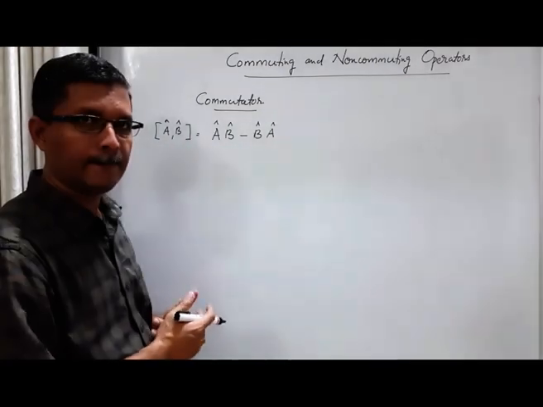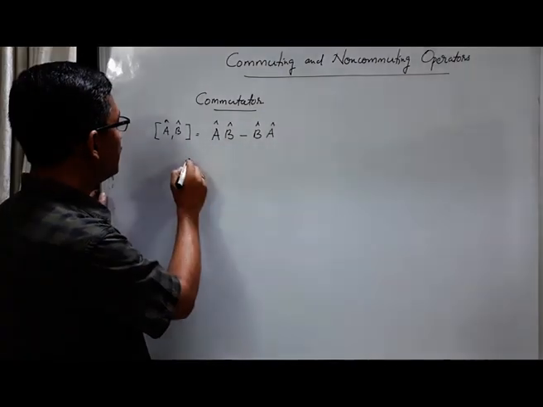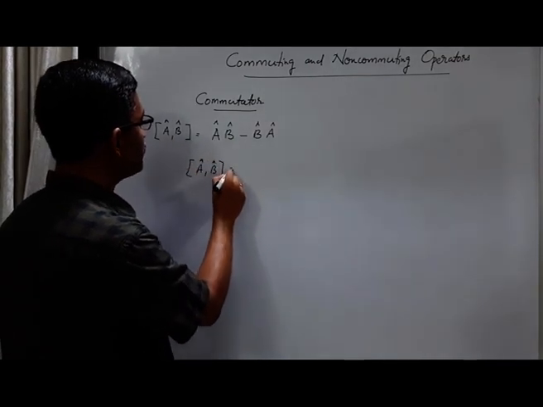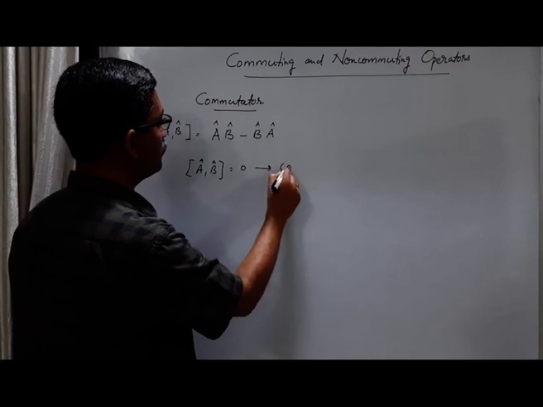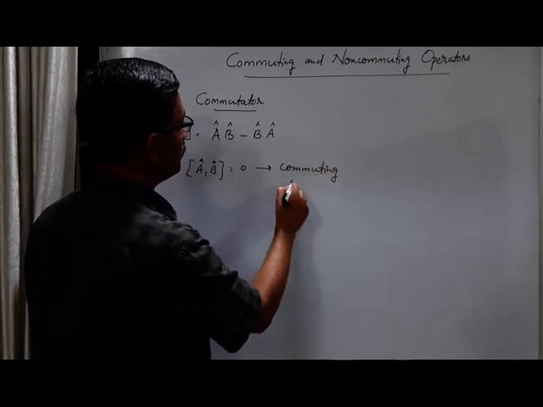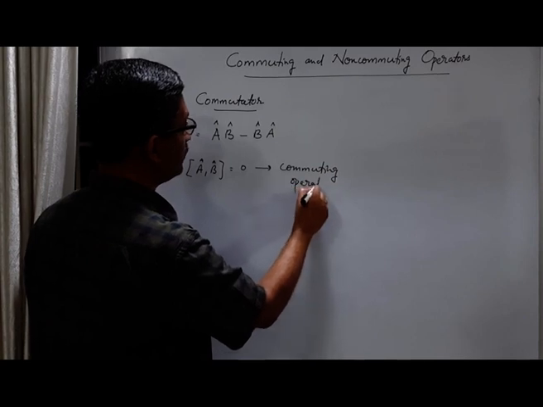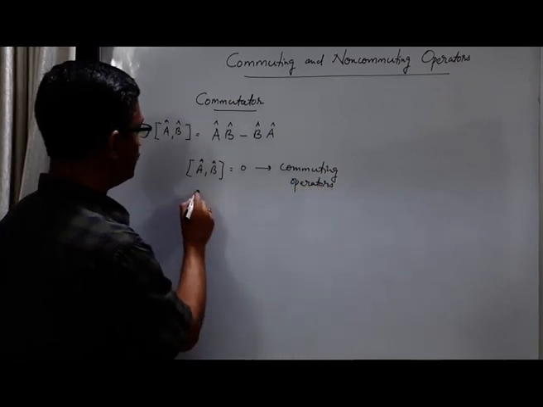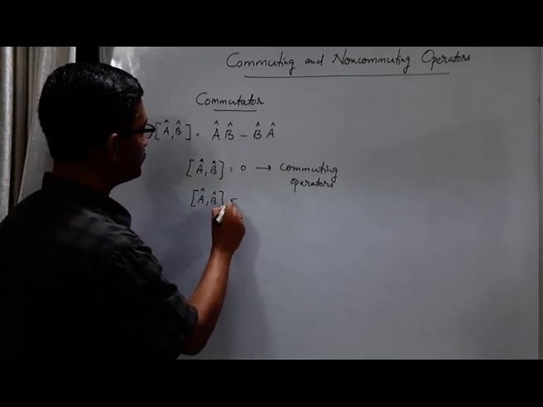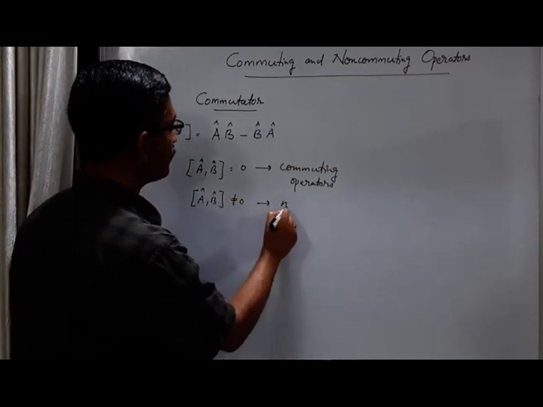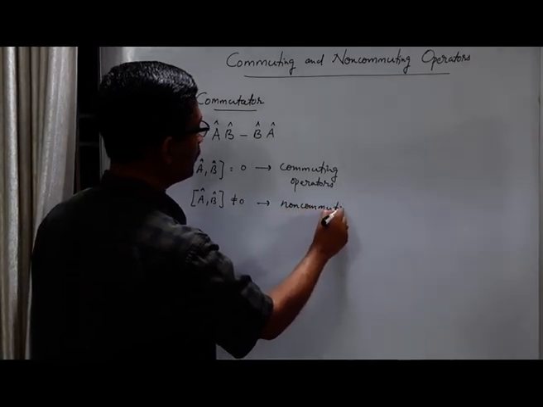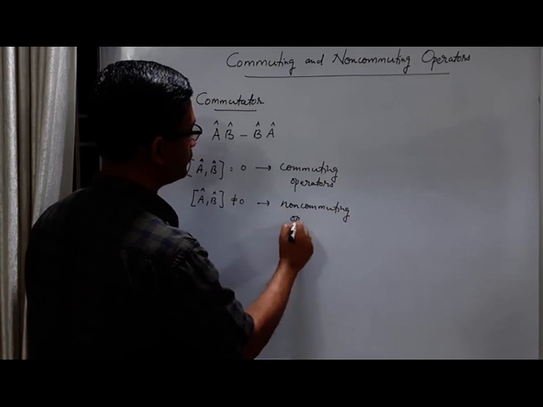So for commuting operators, the commutator [A, B] is equal to 0, and the commutator [A, B] is non-zero for non-commuting operators.